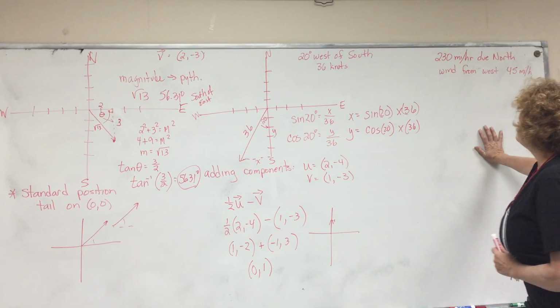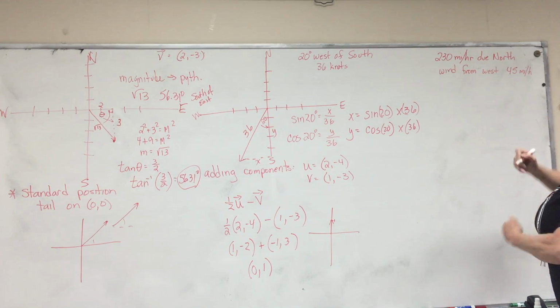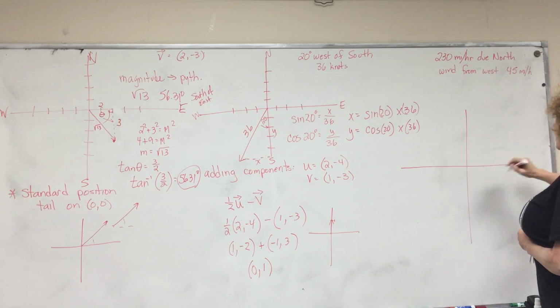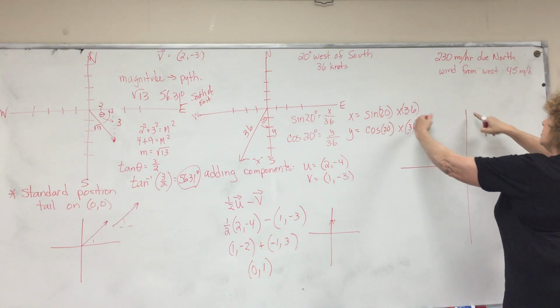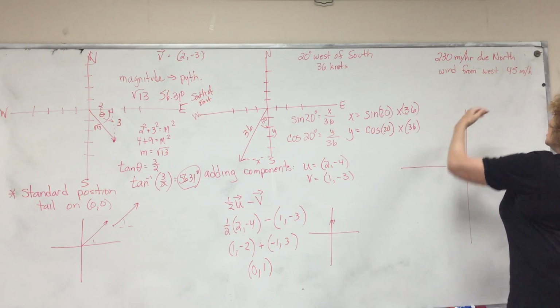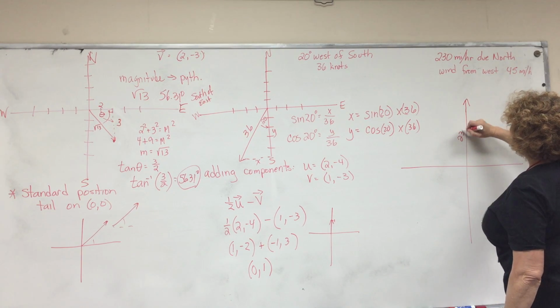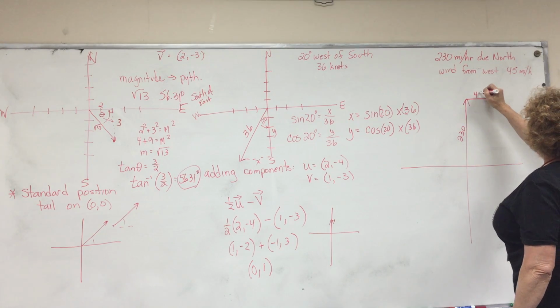But here, it says you have a 230 mile an hour. This person is traveling due north, okay, at 230 miles an hour. So he's going straight this way. But there's a wind from the west blowing him. So let's draw his vector is 230, and the wind is blowing from the west at 45.